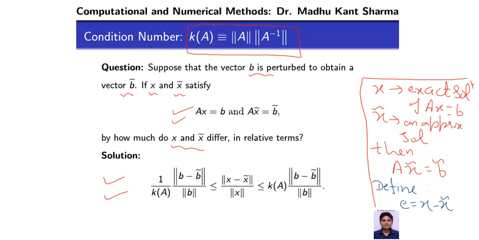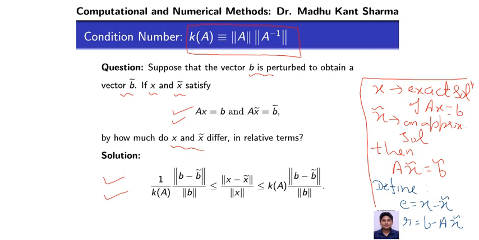So it is called the error, an error vector, because X is a vector, so E is also a vector. And we define R by B minus AX tilde, because we wish to see how close AX tilde, meaning B tilde, is to B.